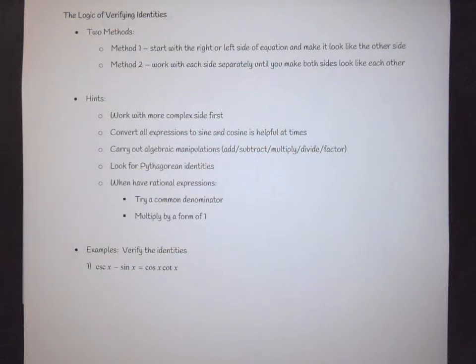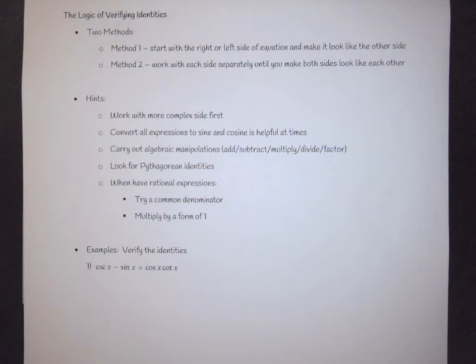The next biggest hint is look for any algebraic manipulations you have, meaning add, subtract, multiply, divide, and the big one that tends to be forgotten, factoring. Don't forget you also have all of the Pythagorean identities, which also help you rewrite your expressions in a different form.